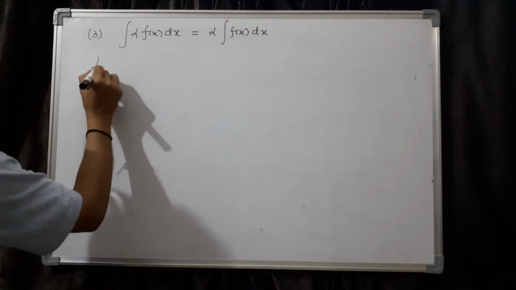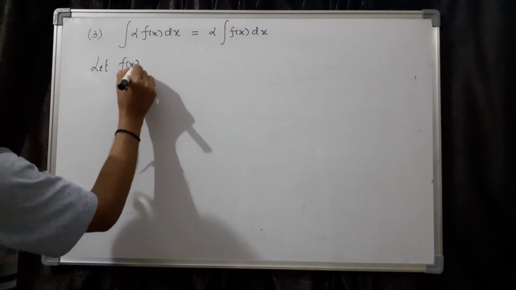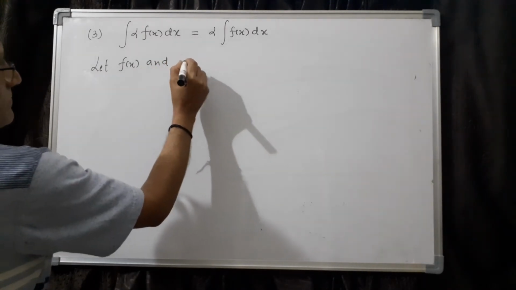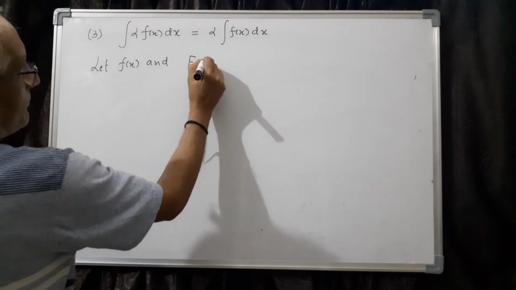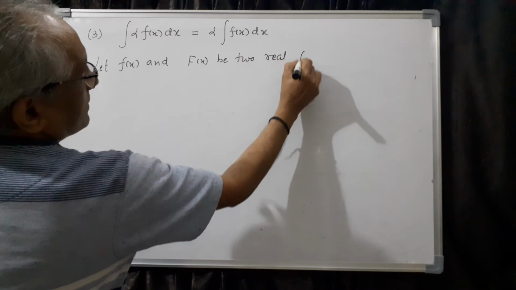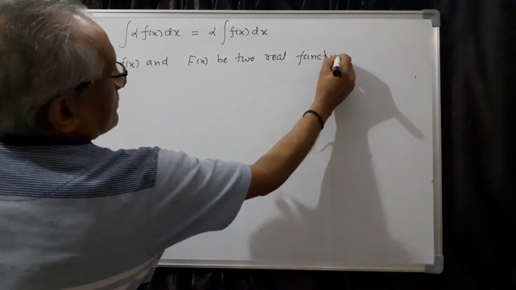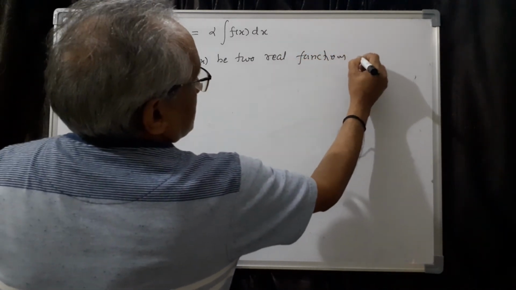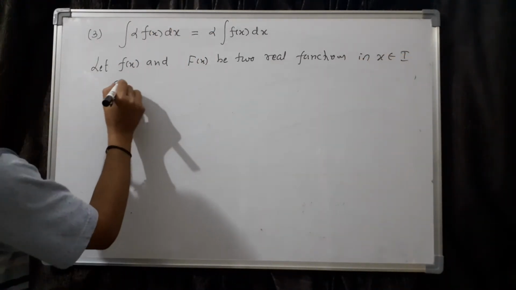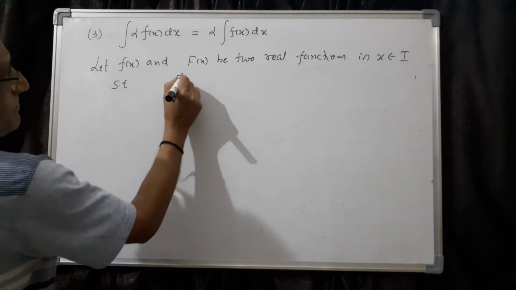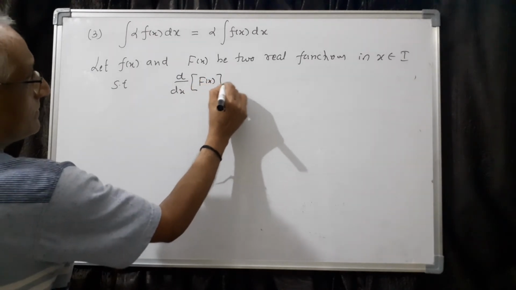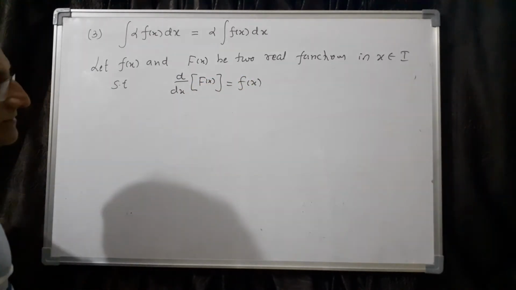Now, same thing: let f of x and capital F of x be two real functions in x belonging to I, that is important, such that d by dx of capital F of x equals small f of x.